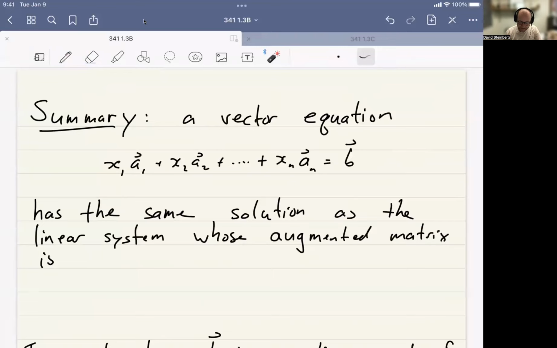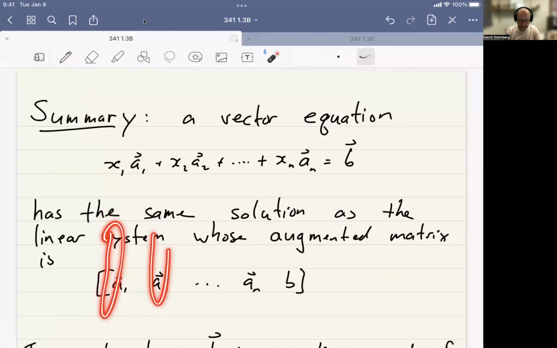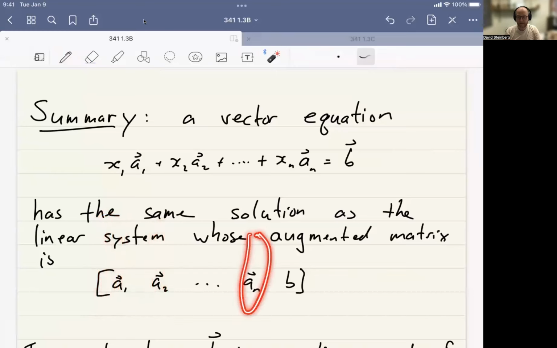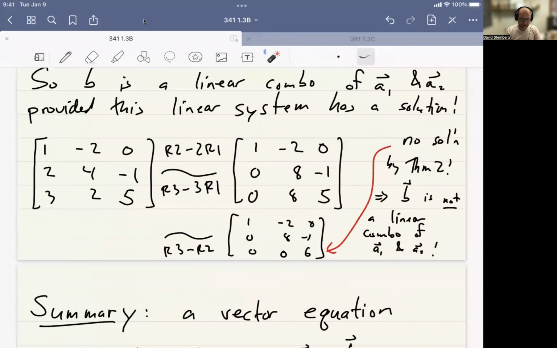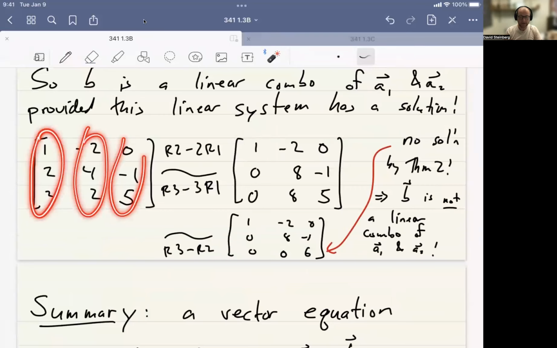This vector equation has exactly the same solutions as the linear system whose augmented matrix looks like this: A1, A2, up to AN, B. So here we're imagining some big long matrix where the first column is A1, the second column is A2, the second to last column is AN, and the augmented column is B. Right, that's what we did up here. This is our A1, this is our A2, this is our B.